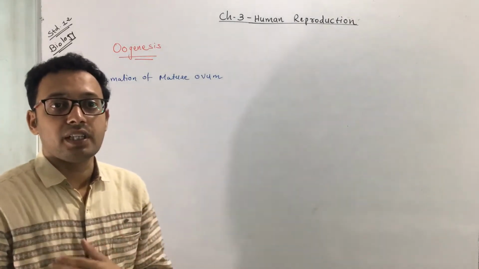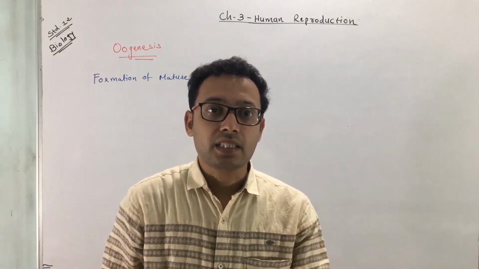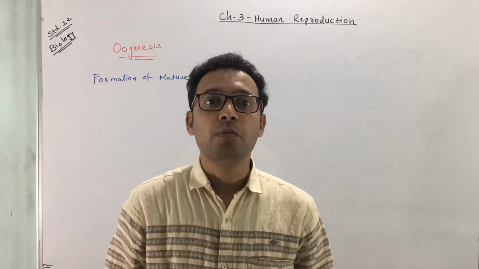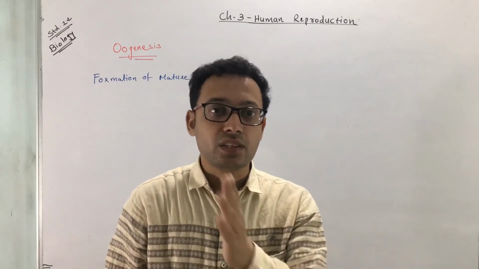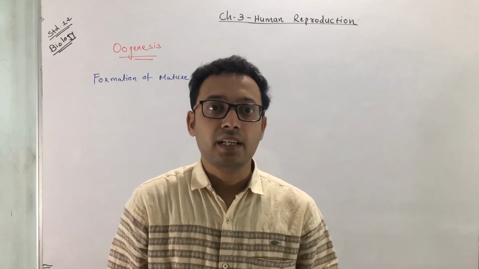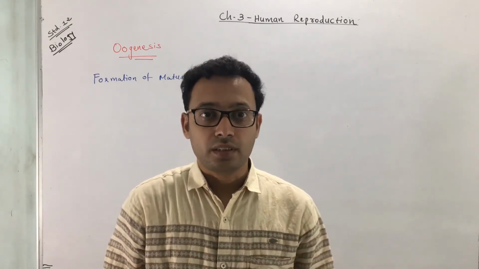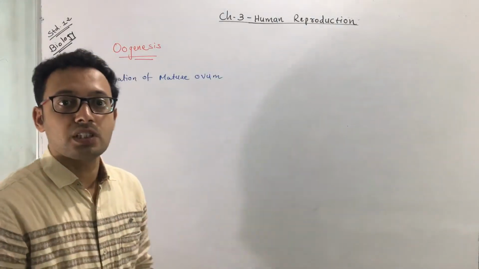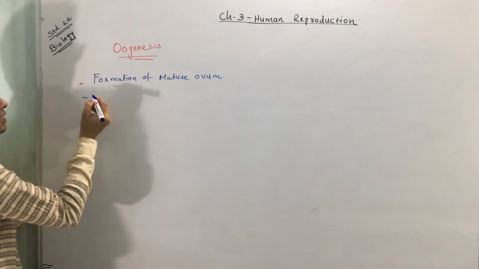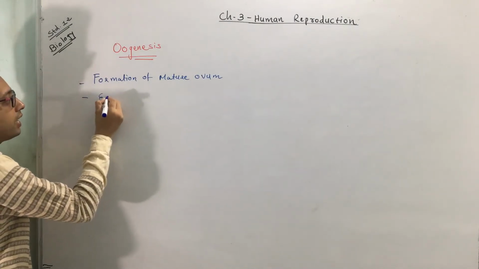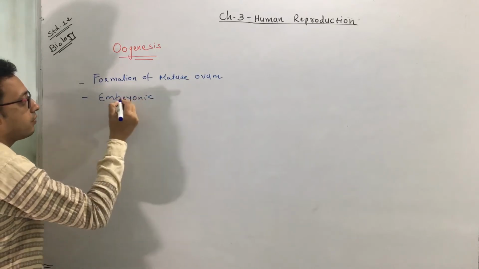Now you know that the spermatogenesis process in a male starts when a male reaches puberty, means he reaches a certain stage of maturity. At that time, the spermatogenesis starts. But in contrast to it, if you compare oogenesis with spermatogenesis, the oogenesis process starts during embryonic development.